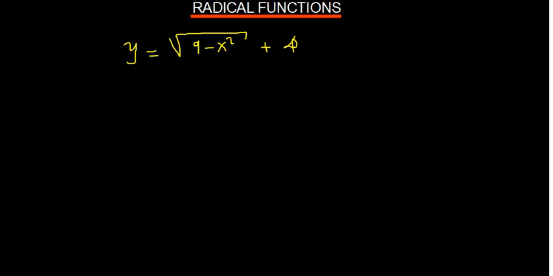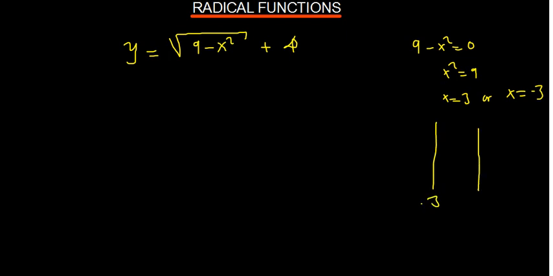Okay, equate what is inside there to 0. You are going to find that 9 minus x squared is equal to 0. Take x squared is going to be positive 9. Square root both sides. x is going to be 3, or x is going to be negative 3. Positive 3 or negative 3. Actually, it should first be negative 3 and positive 3.